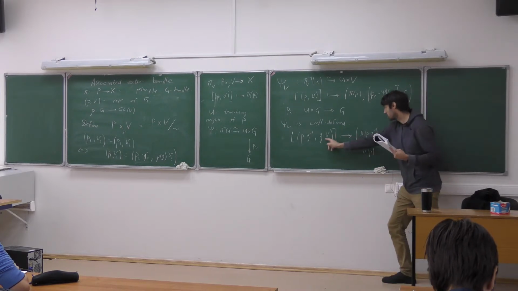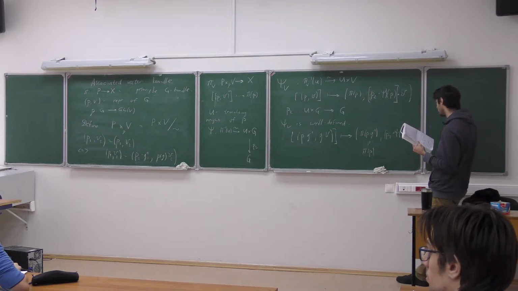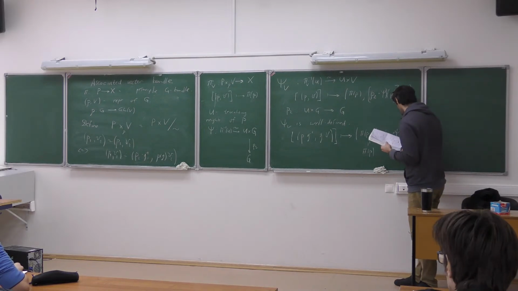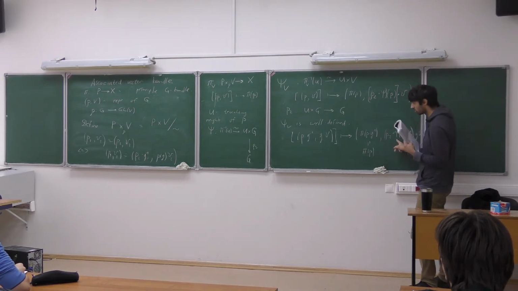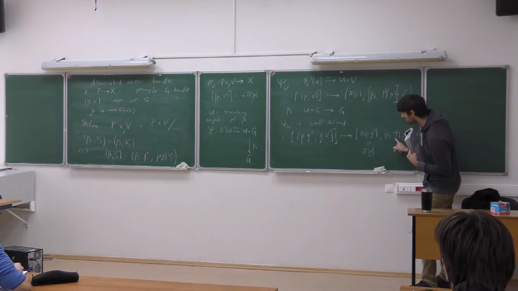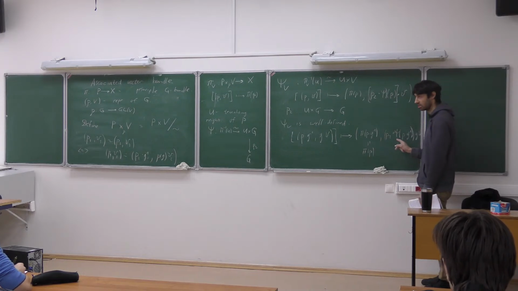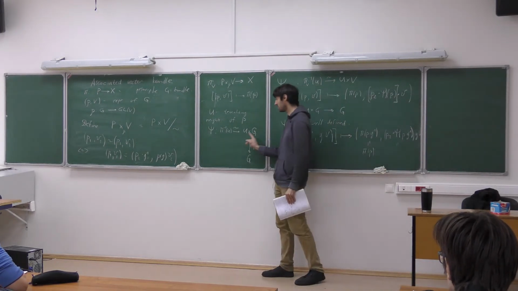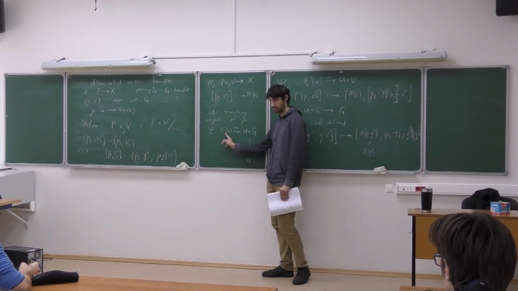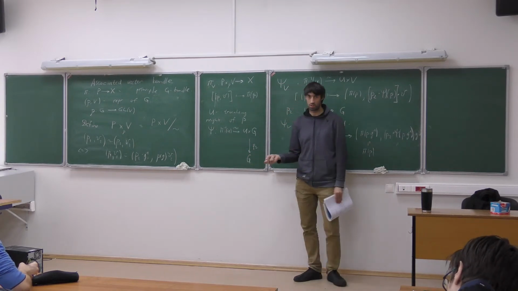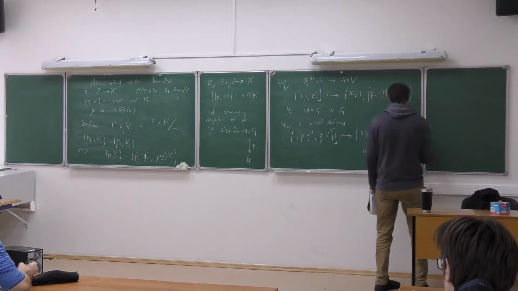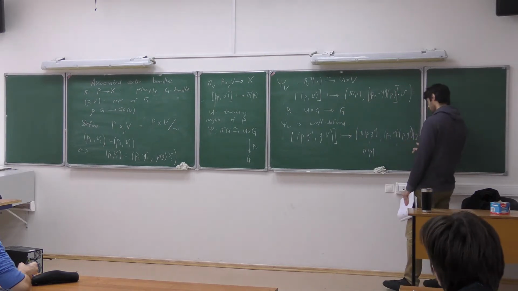Because I put here G. Right. So just from the definition of trivializing map, it commutes with the right action on here and the right action in here. That's just the definition of principal bundle.